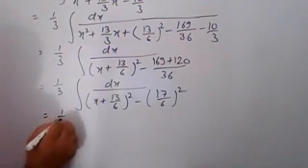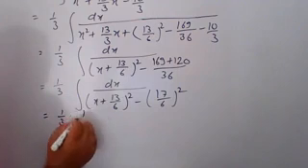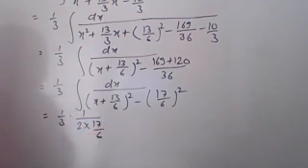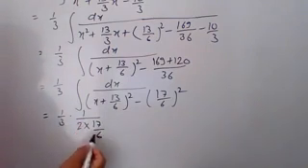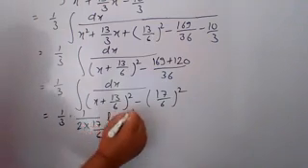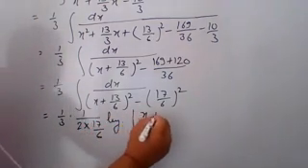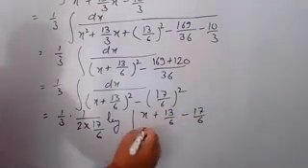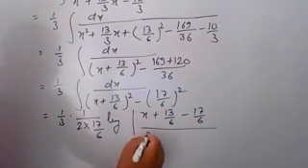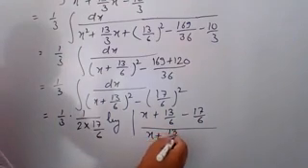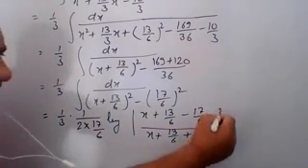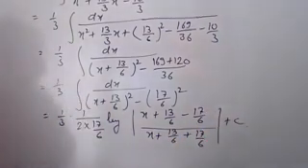That is equal to 1 upon 3 into 1 upon 2a, meaning 2 into 17 by 6, log of x minus a upon x plus a. So write x plus 13 by 6 minus 17 by 6 divided by x plus 13 by 6 plus 17 by 6, plus c.